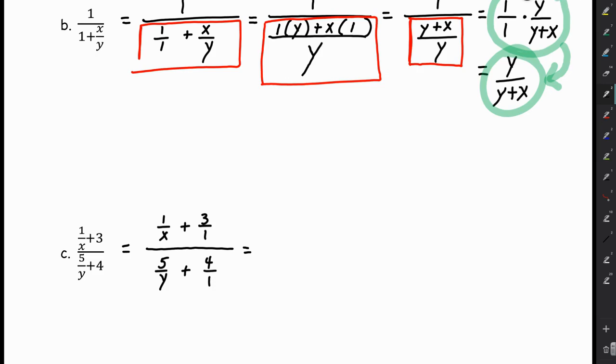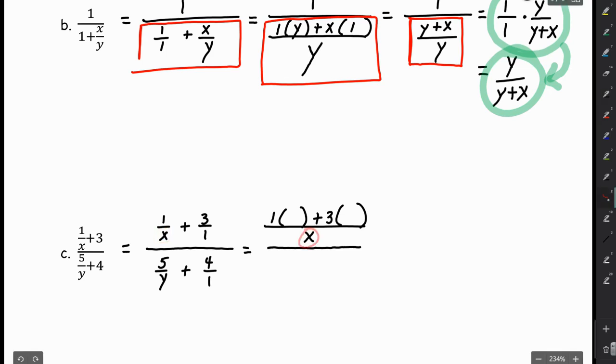Now, I'm going to find common denominators for both the numerator and the denominator. So the common denominator here would be 1 and x, I'm just going to write x. And I have a 1 placeholder, 3 placeholder, okay?